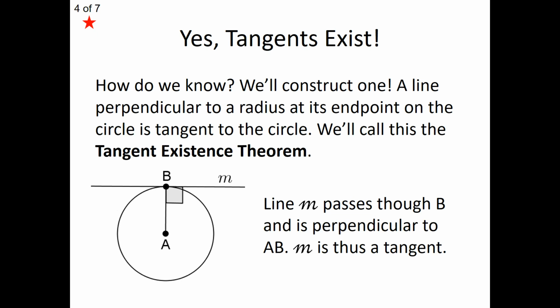We're going to prove that M is in fact tangent to the circle, that it actually does intersect the circle at precisely one point. Now, the proof of this is a little bit subtle. Let's take a look at how we're going to prove that this line M intersects the circle at precisely one point, and it's just point B.